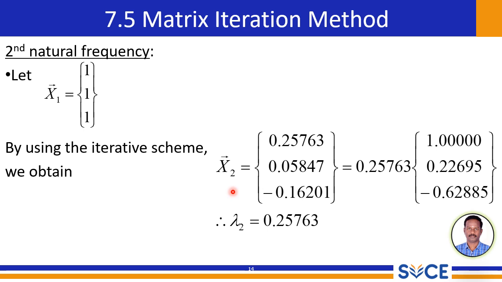Finally, we normalize by taking 0.25763 outside the matrix, that means dividing all values by 0.25763. So the lambda value is approximately 0.25763.